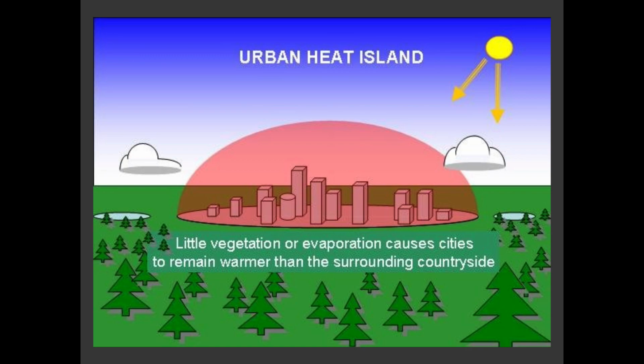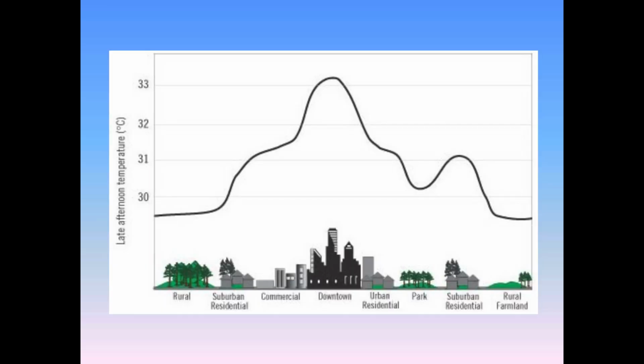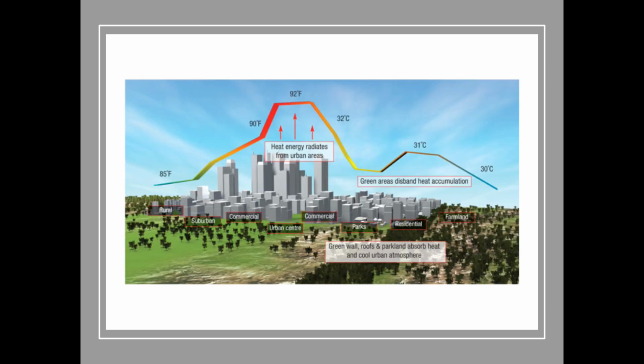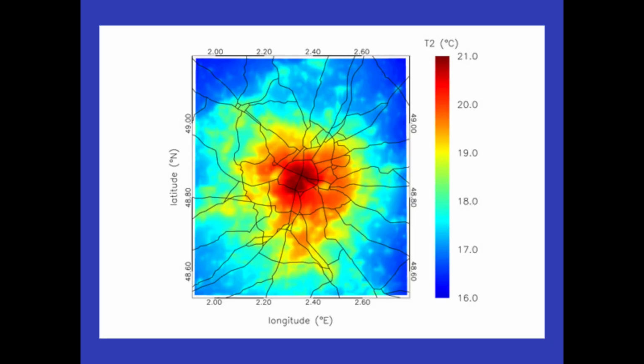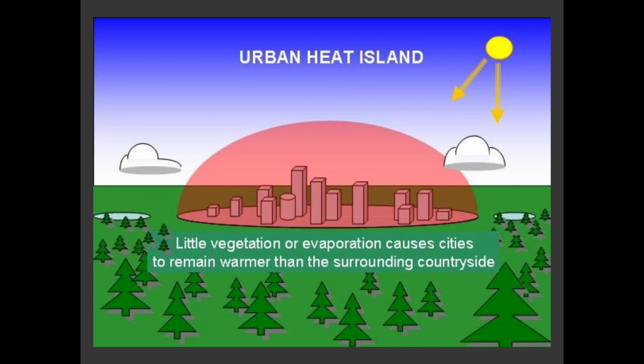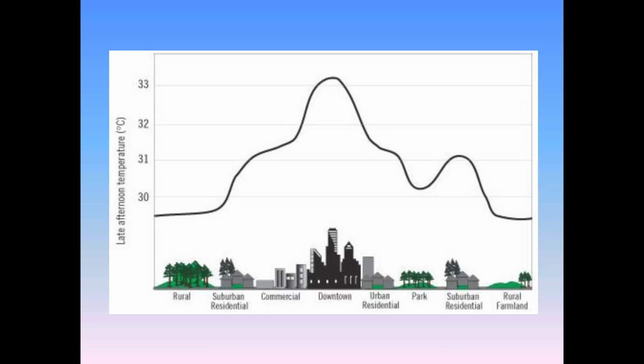For some reason that diagram always makes me think of The Simpsons. You can represent it as a line graph, you can represent it as an isoline map, you can get a bit funky with electronics, you can do a heat map, you can do all sorts of things. So urban heat islands are often represented in a whole host of different ways.